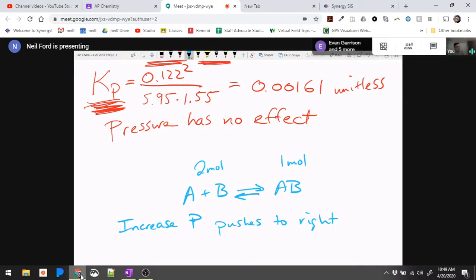So an increase in pressure will always squeeze where there's more moles of gas. It'll impact that reaction rate more than where there's fewer moles, so it ends up pushing the reaction to the right. So pressure, you always look for where the most moles are, and it pushes it towards the opposite side.